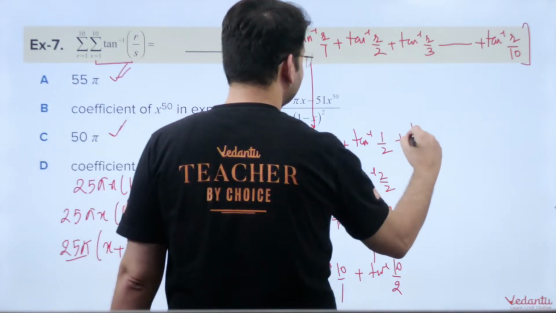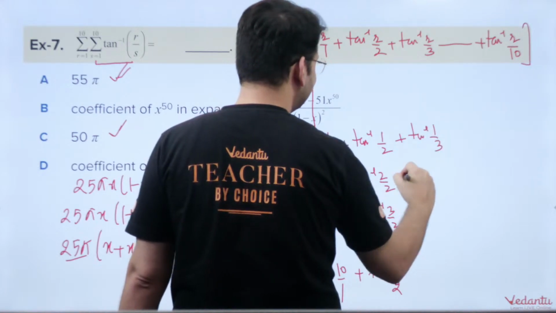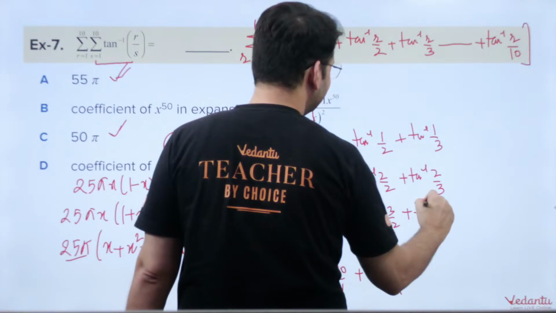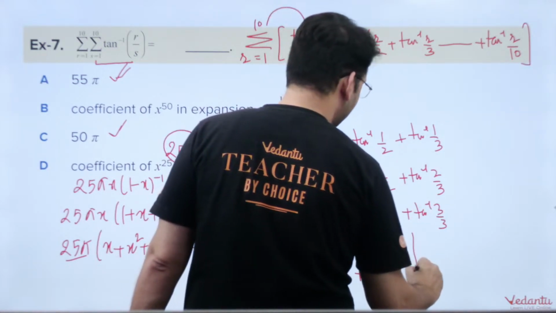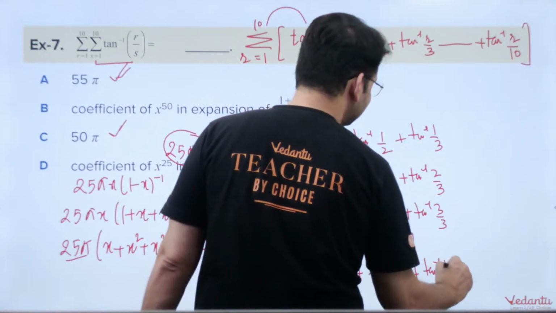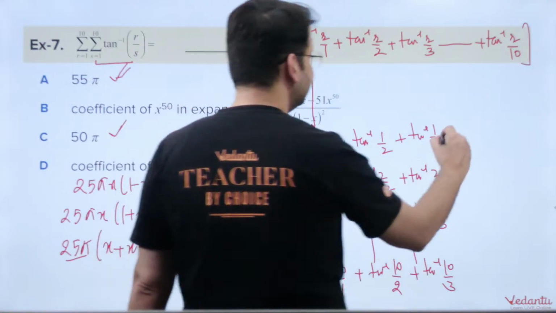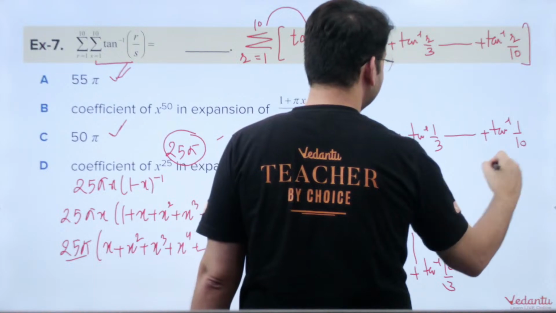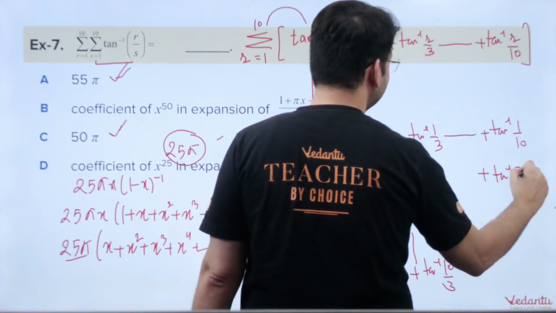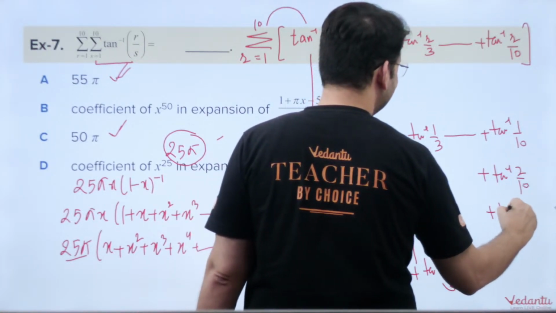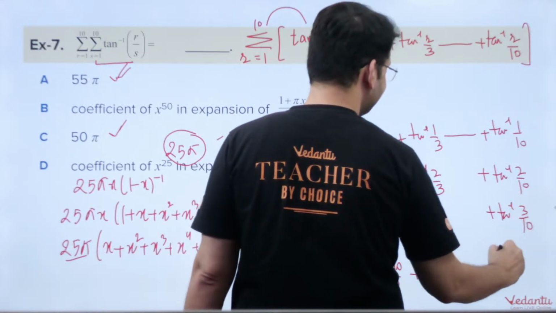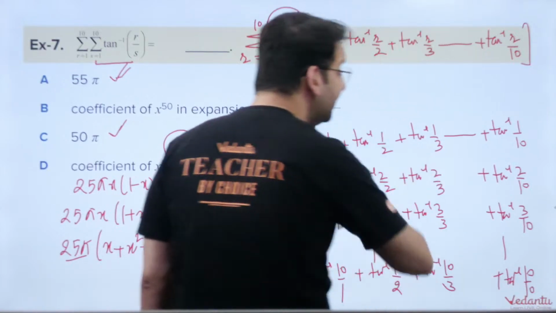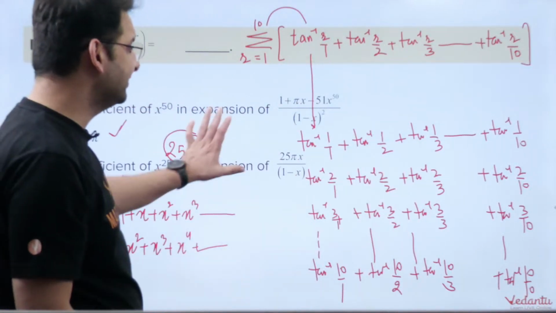Third: tan inverse 1 by 3, tan inverse 2 by 3, tan inverse 3 by 3 and so on up to tan inverse 10 by 3. Likewise, tan inverse 1 by 10, tan inverse 2 by 10, tan inverse 3 by 10 up to tan inverse 10 by 10. So these are a total of 100 terms written in this matrix.